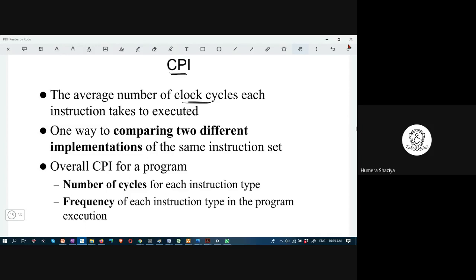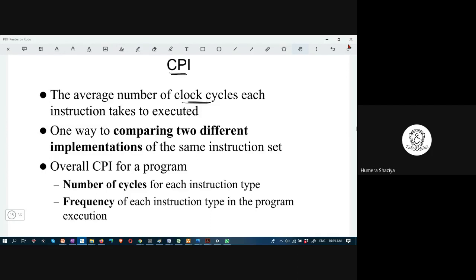This is the method that can be leveraged in order to compare two different implementations of the same instruction set. We have the same instruction set, but different implementations. To compare, this CPI would be used.